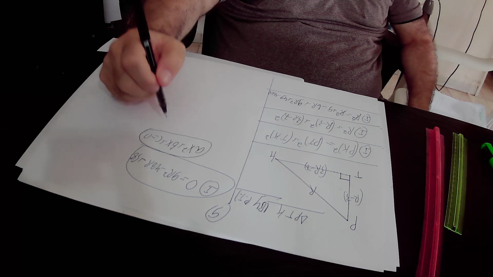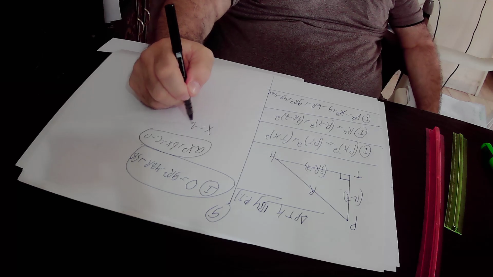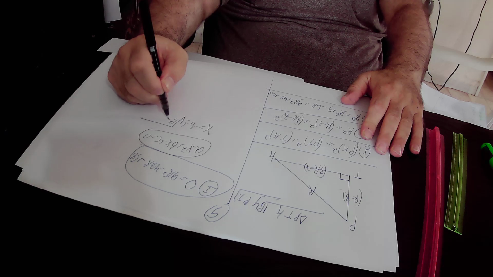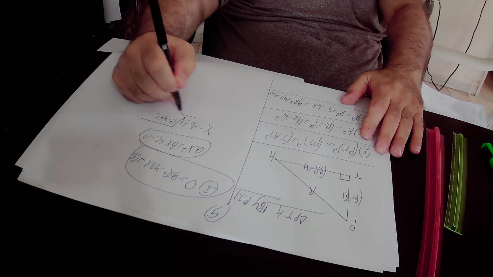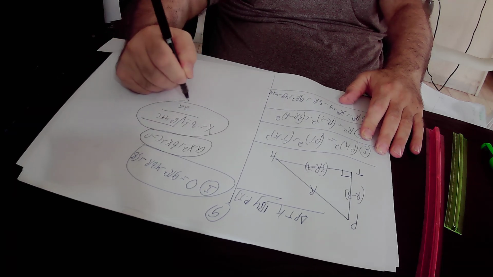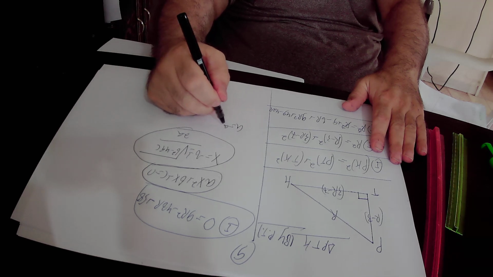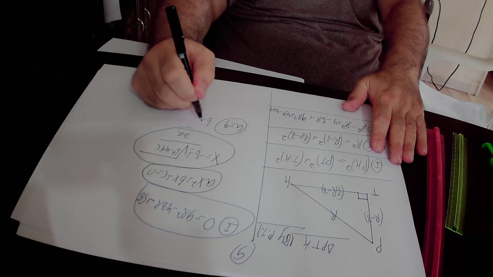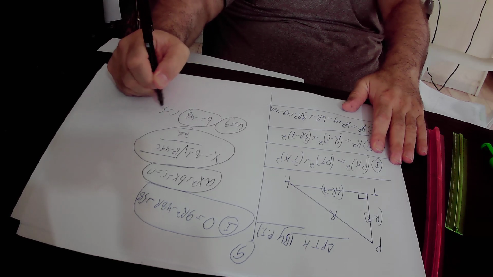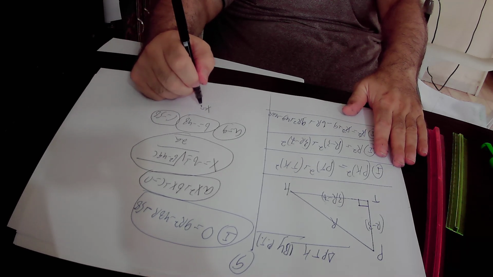We find the value of x according to the following formula: x equals minus b plus or minus the square root of b squared minus 4ac, over 2a. In our specific quadratic equation, the coefficient a equals 9, b equals minus 48, and c equals 58. The variable that we are looking for is R, so x equals R.